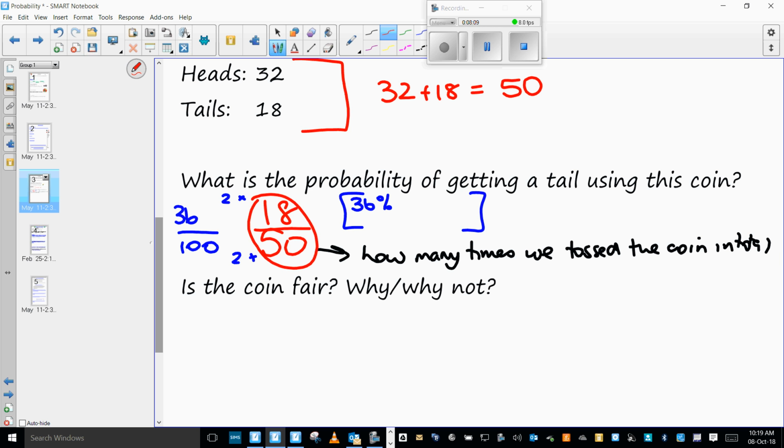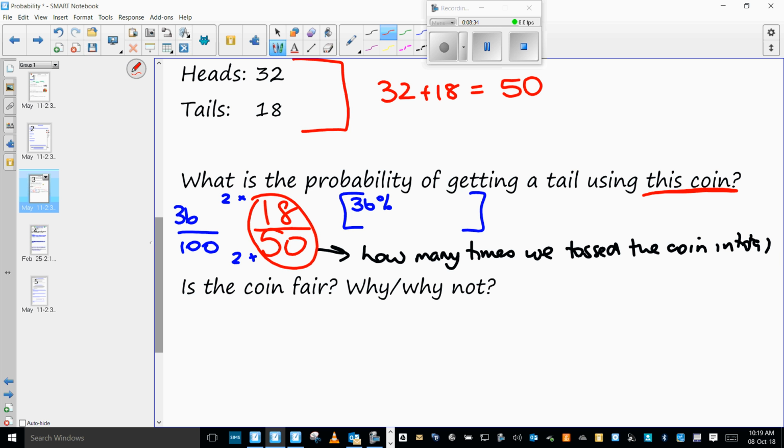Okay, now, the situation is that I specifically said using this coin, okay? So this is the coin we have to use. And so we found that the probability of getting a tail using this coin is 18 over 50, okay? So we found that this particular coin has 18 over 50.